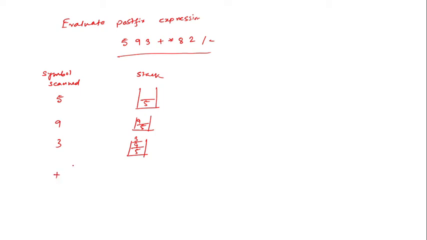So in that case, if you have a plus operator, what operation do you need to perform? You need to do the plus operation on 3 and 9. So you can put down 5, and 9 plus 3 is 12. After that we have a multiplication operator, so we do 12 into 5, that is 60.